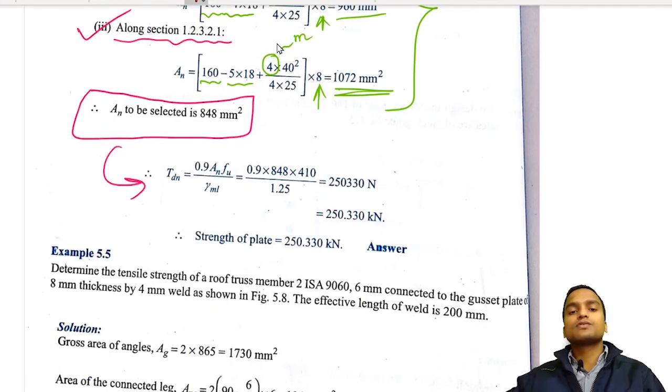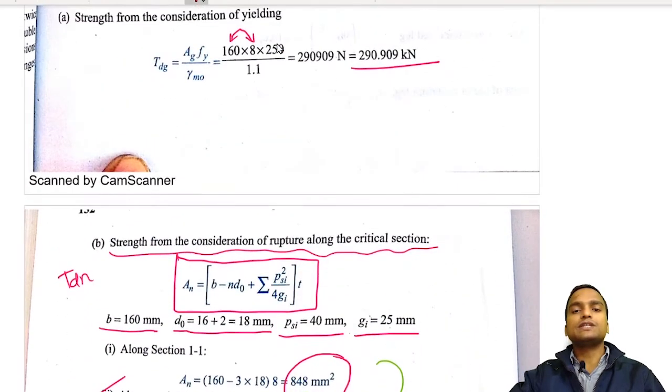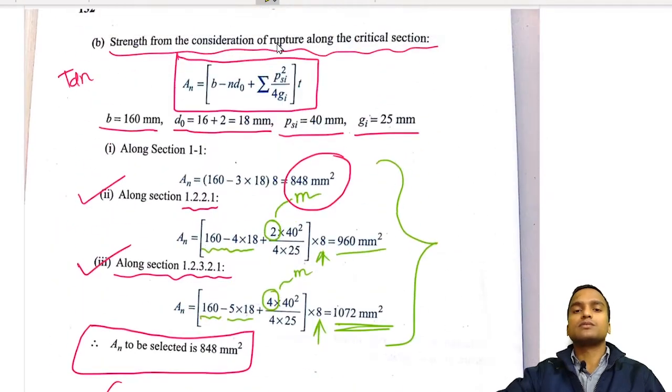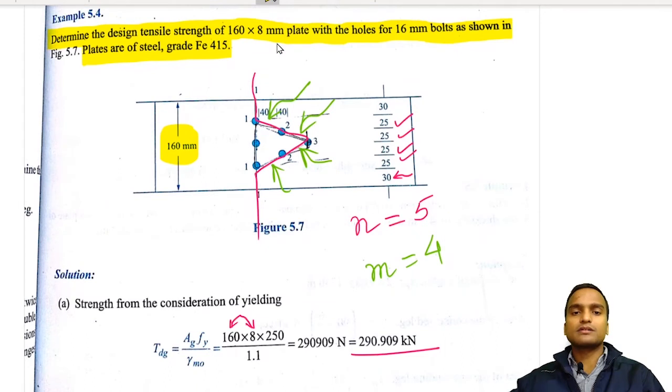Okay. So the strength of plate here is 250 kilonewton, because the value of Tdg is 290 and Tdn is 250, so the strength of plate here is 250 kilonewton only. And here block shear failure will not occur. Block shear failure occurs only in the case of chain pattern of bolting. Remember this.